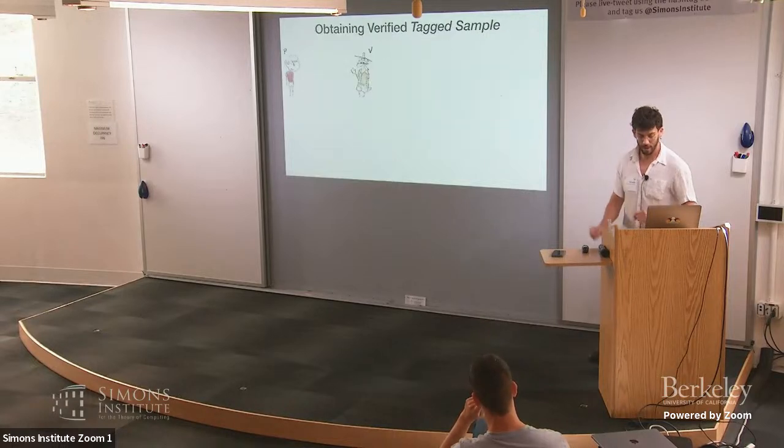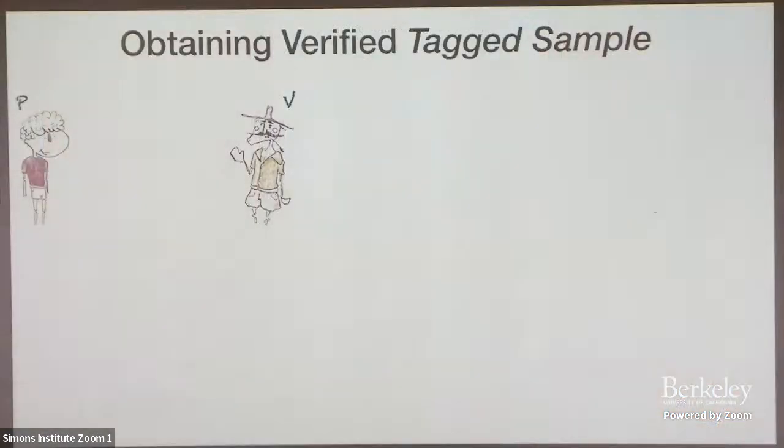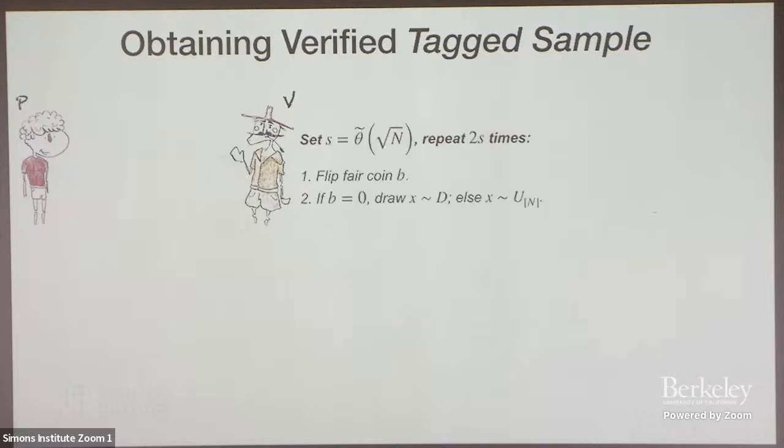Okay, great. So the rest of this talk is devoted to actually showing you how this protocol works, how we achieve this marvelous object. Let's set now S to be some parameter of size roughly square root of n. And for 2s times, the verifier will do the following.